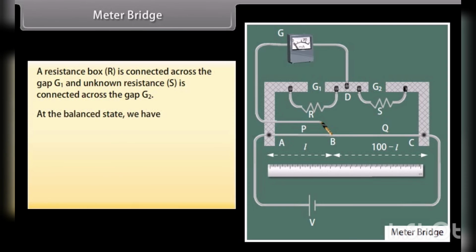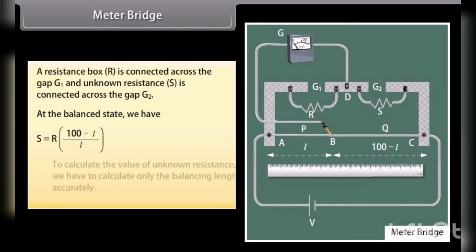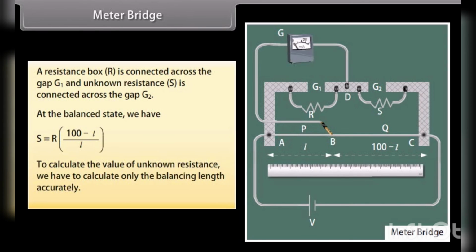At the balance state, we have S is equal to R times (100 minus L) upon L. To calculate the value of unknown resistance, we have to calculate only the balancing length accurately.